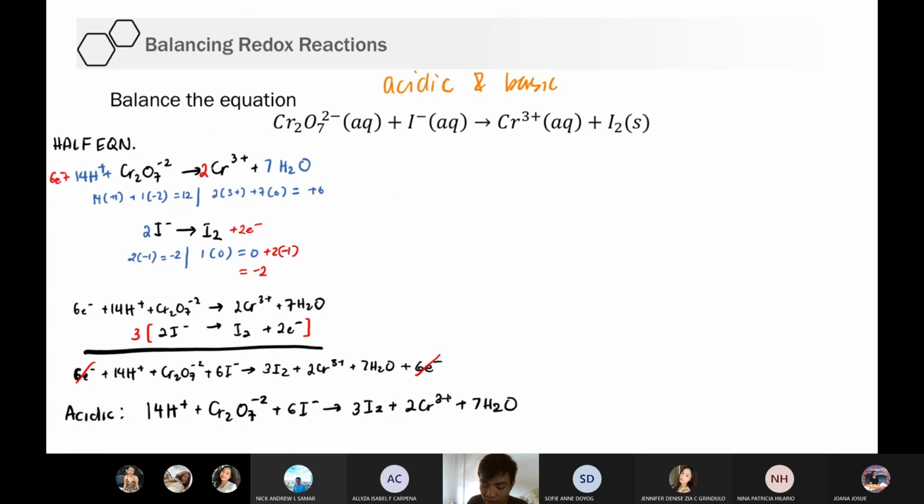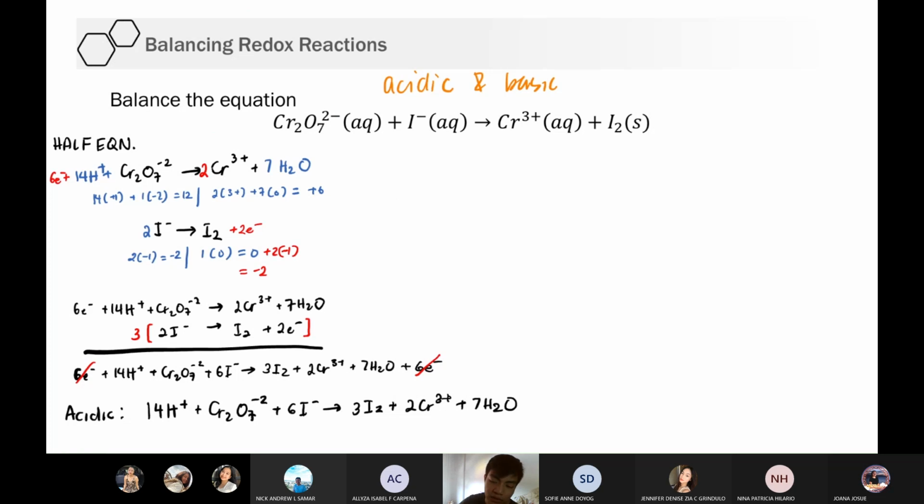Let me know if you did. If not, that's okay. Just take note of the ideas I emphasized. The 0 needs to be bigger than the negative, so you add the electron on the 0 side.